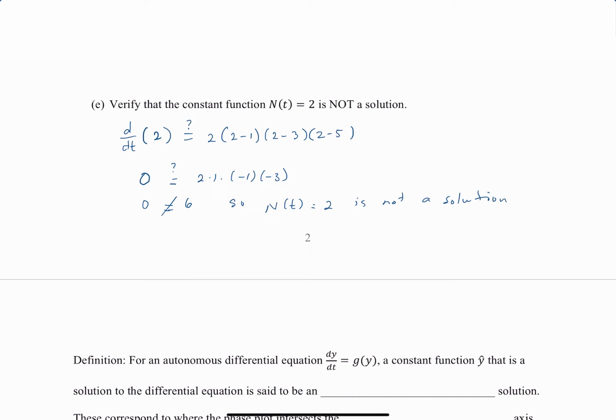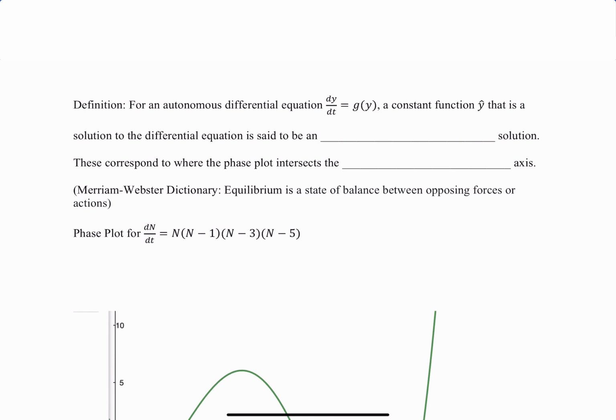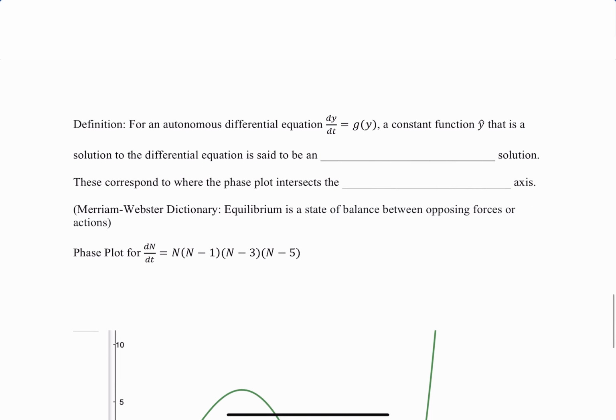So there's only certain constant functions that are going to be solutions. Here's a definition for you. For an autonomous differential equation, dy dt equals g of y, and I'm using this g of y notation because it's what the book uses, and I want you to be able to understand what the book is saying.